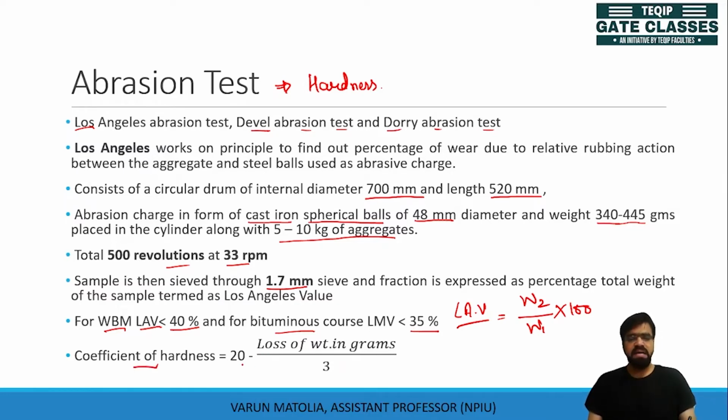The coefficient of hardness is calculated by 20 minus loss of weight in grams divided by 3, where the loss of weight is the initial weight minus W2. This value is quoted as the coefficient of hardness. So these important parameters should be remembered. These can be directly asked in the examination.